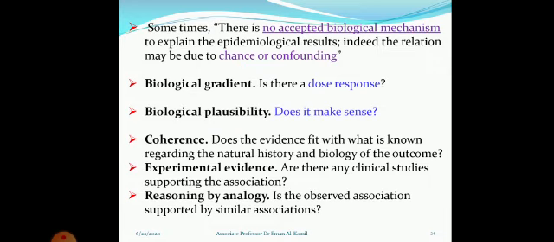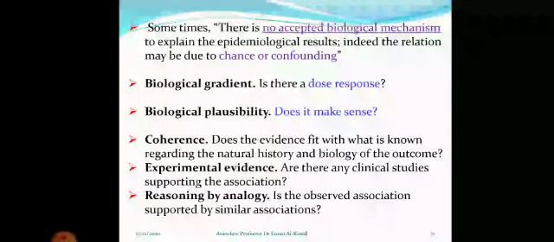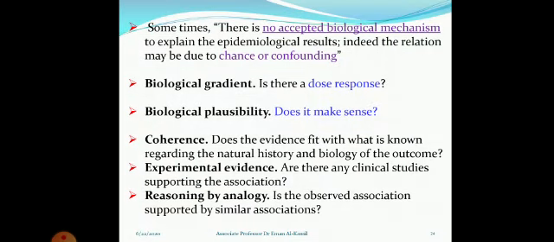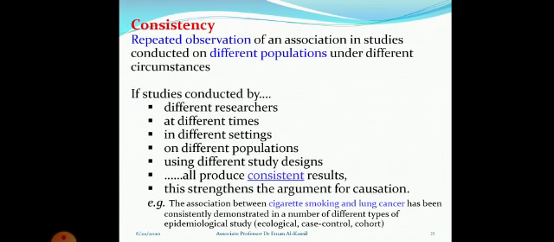Does caffeine constrict the vessels? Coherence asks, does the evidence fit with what is known regarding the natural history and biology of the outcome? Experimental evidence asks, are there any clinical studies supporting the association? And reasoning by analogy asks, is the observed association supported by similar associations?